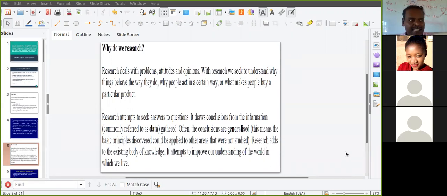So the purpose of getting the data is to identify new knowledge, or you can get your degrees.